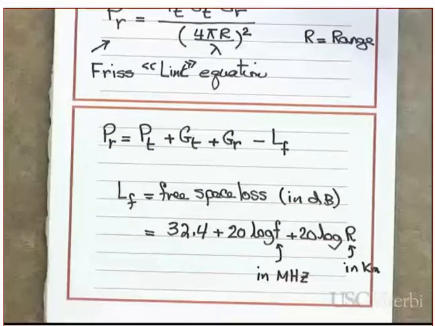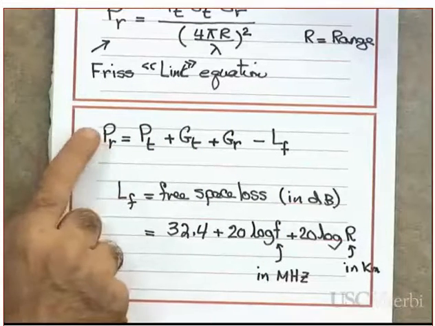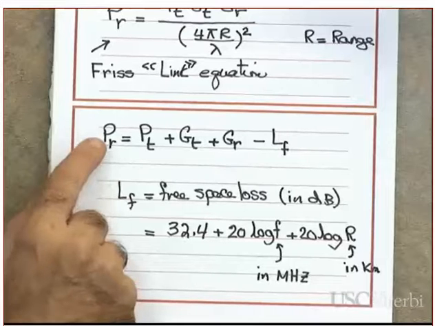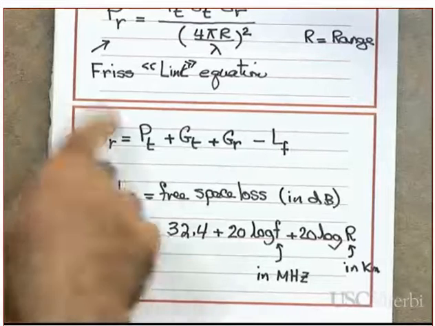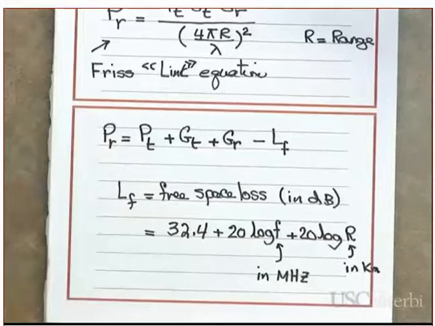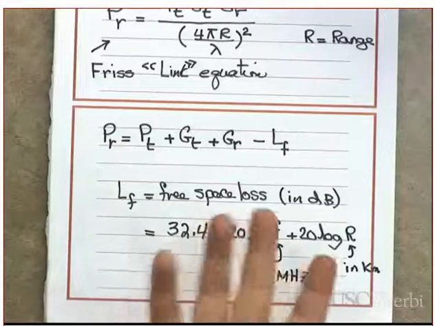Okay. Now, is the actual received power this, or in reality is it lower than this? It's lower than this. Why? Because in this equation, I am only taking into account the losses that are introduced through the propagation over free space. There are other problems.